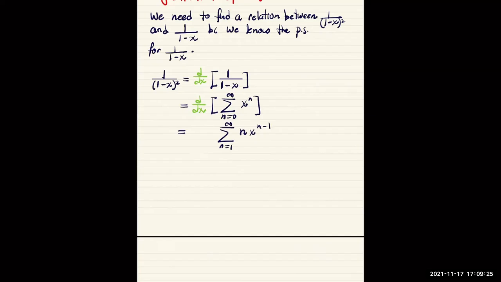If you start n at 0 with this formula, the first term just zeroes out, but it looks funny because you have a 0 minus 1. Things work out, but this is it. In expanded form, it is 1 plus 2x plus 3x squared plus 4x cubed and so on.